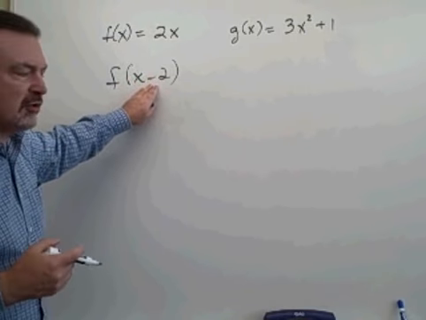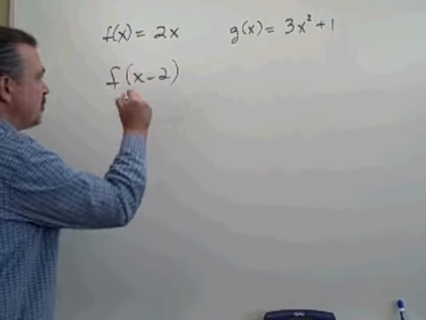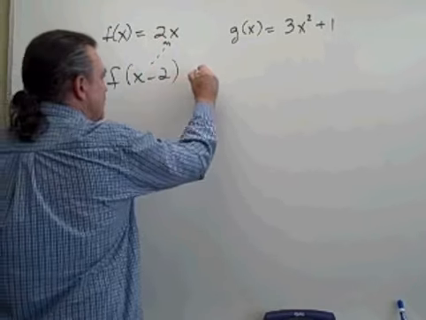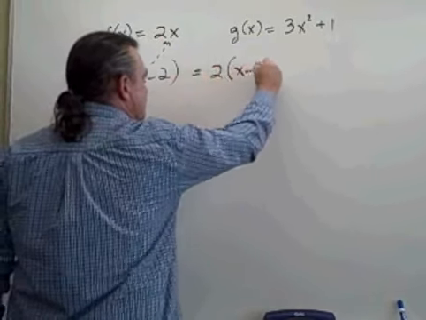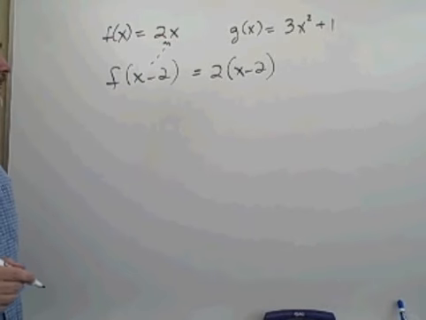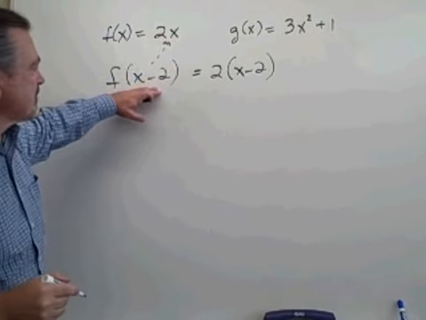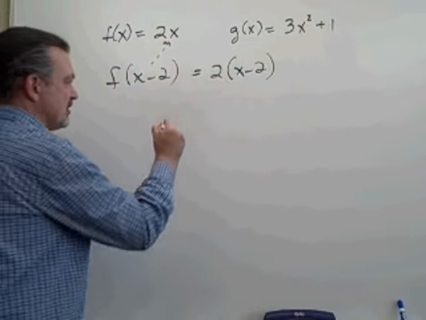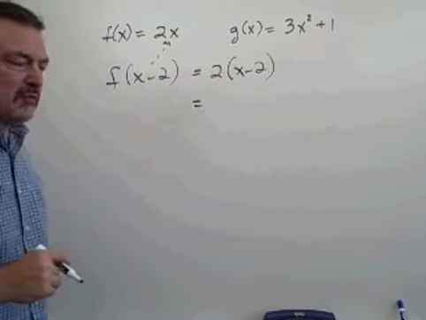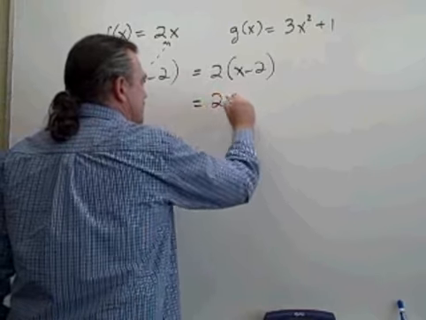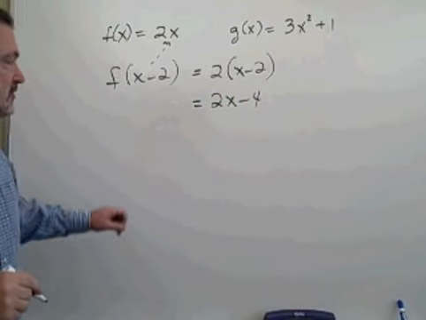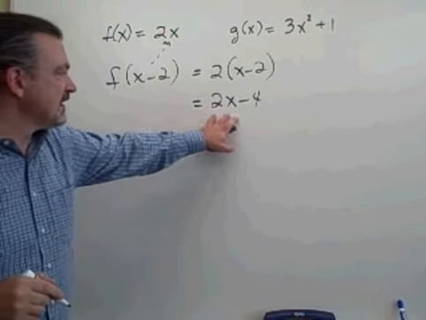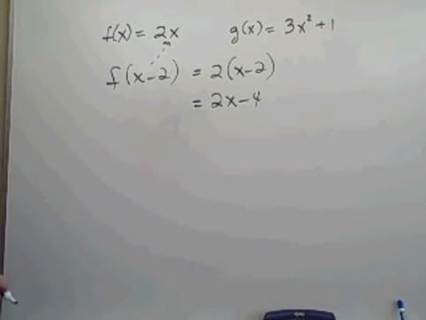Whatever you put here in the parentheses, you put that in place of x in the function and simplify the expression as much as you can. So wherever there was an x, I replaced it with x minus 2. And then I simplify the expression. In this case, multiply through to remove the parentheses. 2x minus 4. So the function f evaluated at x minus 2 gives me the expression 2x minus 4.